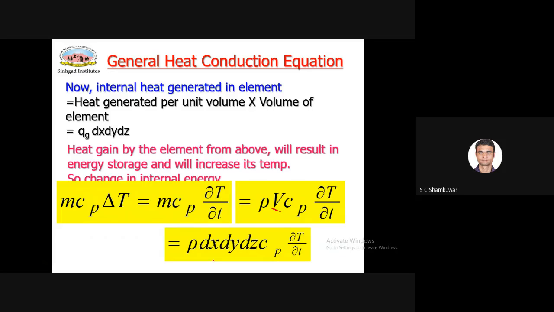And now what is the volume? Volume is dx. We have replaced volume by dx, dy and dz.